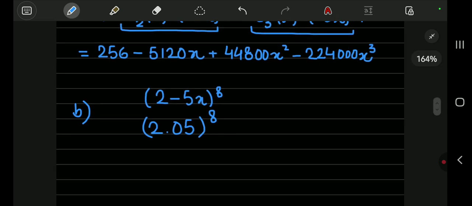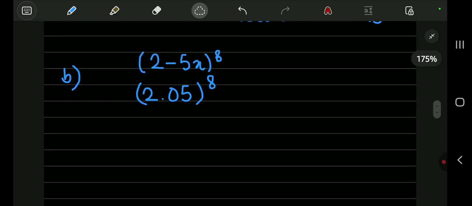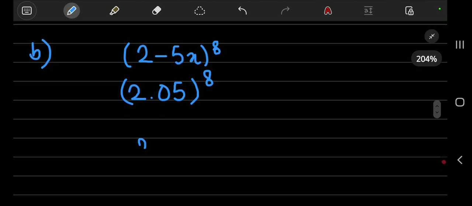If you see, there is some resemblance between them, and that is, if you do 2 plus 5 times 0.01, you get 2.05.